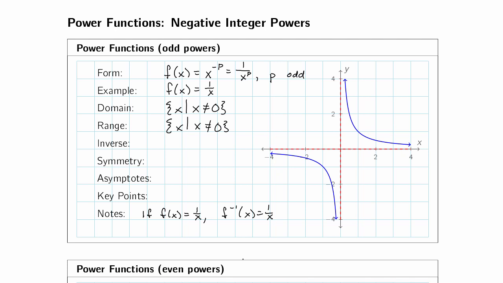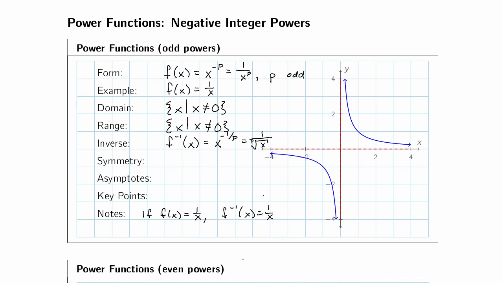In general, if we have one of these 1 over x to the p functions, the inverse is just 1 over the corresponding root. But in the special case where p equals 1, there really isn't a 1th root.